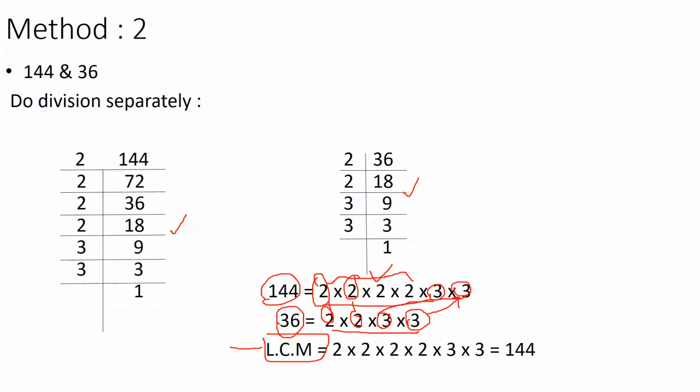We are going to choose 2 times 3's because we have no other option left. We will choose 2 times 3 here, and then 4 times 2's from 144, and it will give us the answer 144.